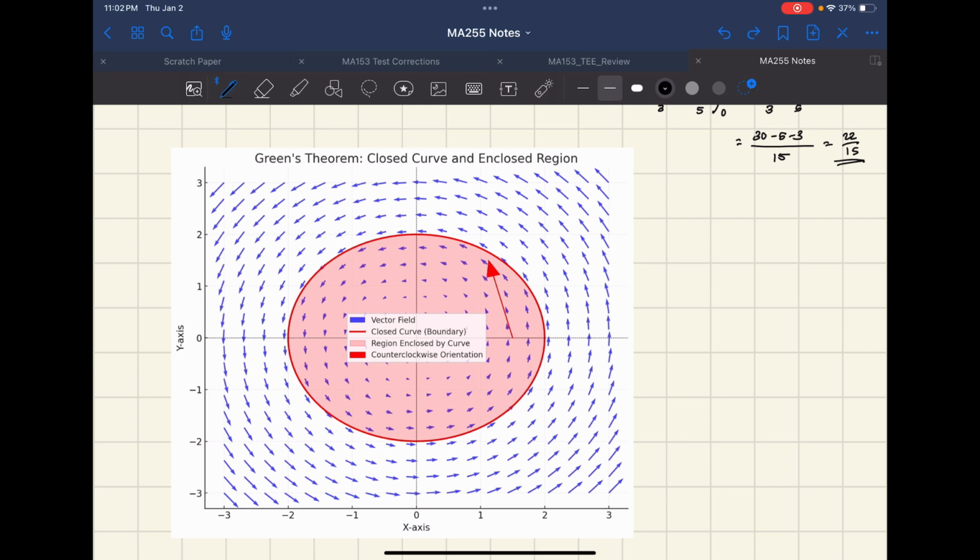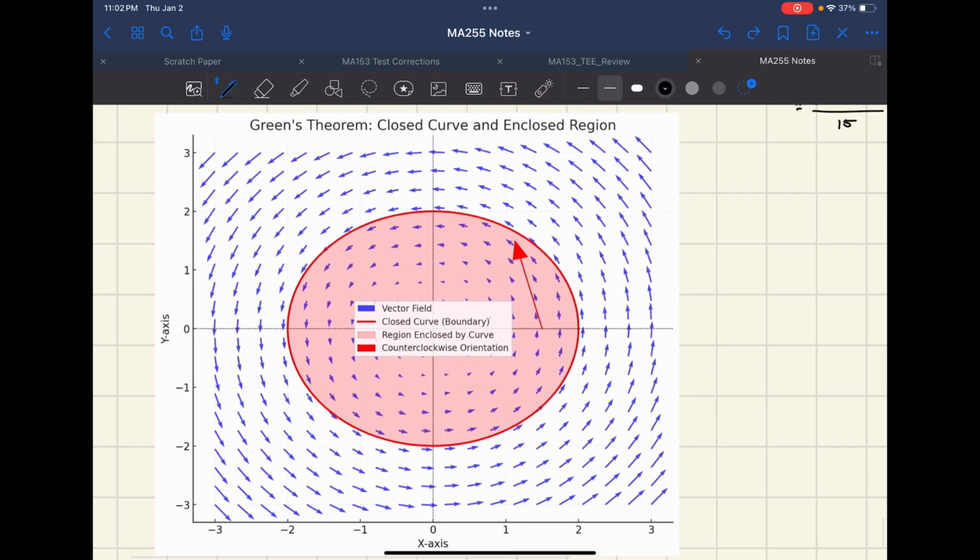The shaded red region is the domain D enclosed by C. The blue arrows represent an example vector field F with components P(x,y) equal to negative y, and Q(x,y) equal to x. And the arrow along the curve indicates the counterclockwise orientation, which is required for applying Green's theorem.